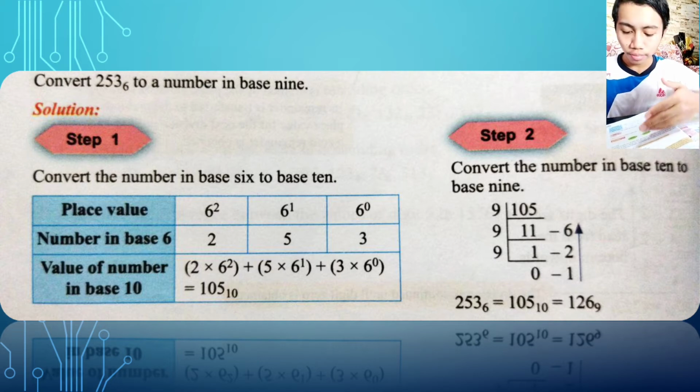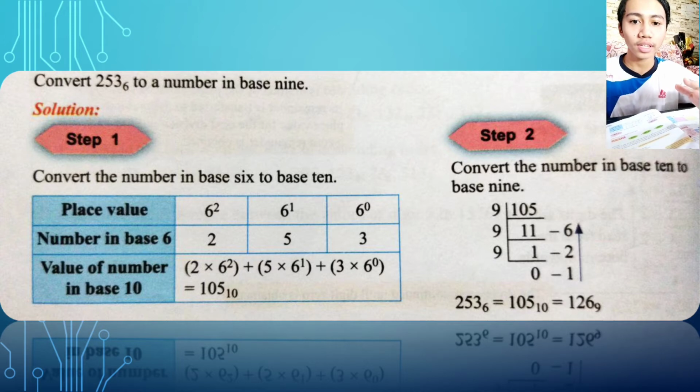So you must convert 253 base 6 to a number in base 9. So what you need to know first, the base of the number, which is 6. So it is in base 6. So how to convert to the base 9? You must convert base 6 to the base 10 first.